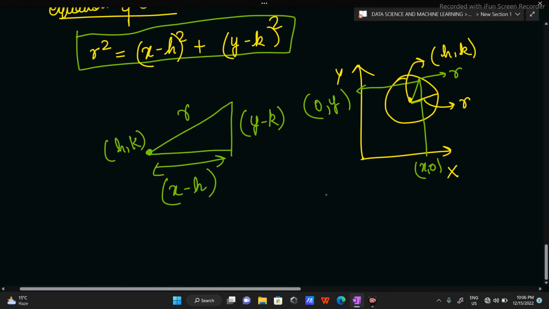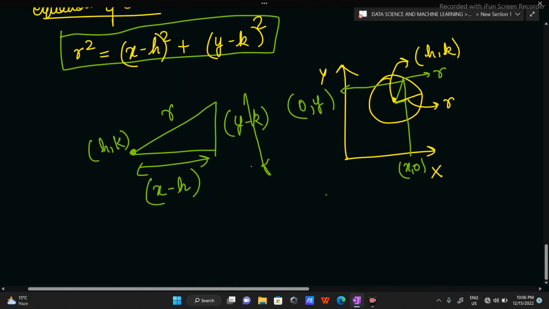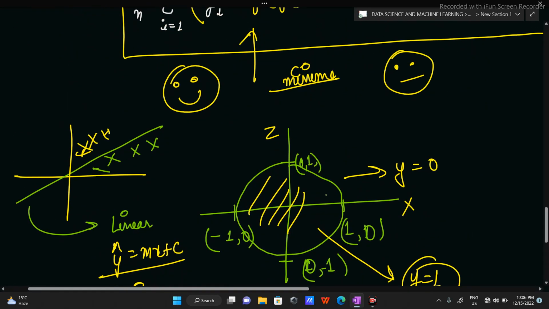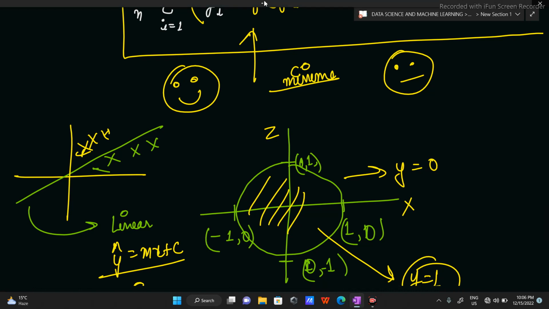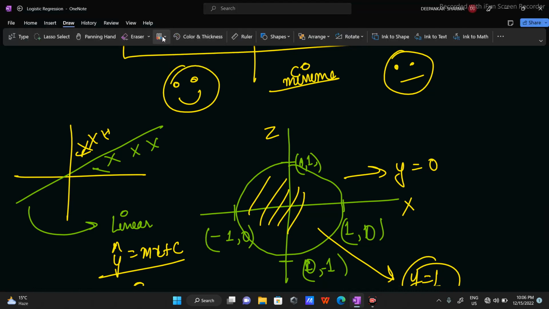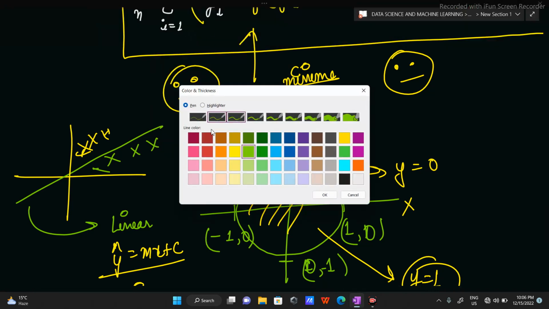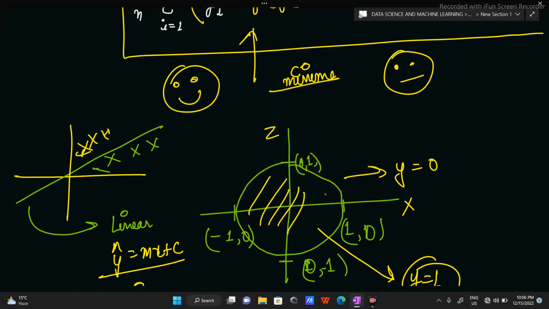So for our unit circle example, where we had this unit circle, let's say this color, for the unit circle we can say, see, the center is 0 comma 0.